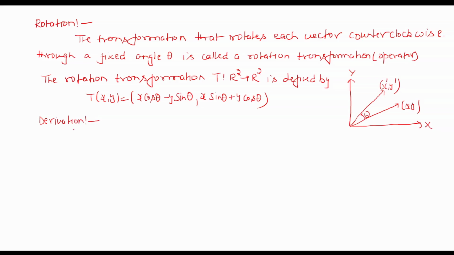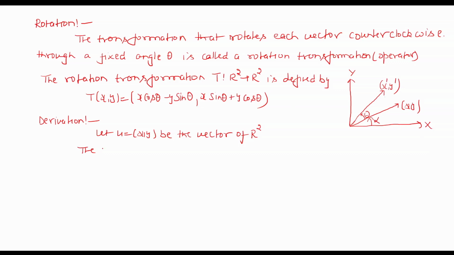Derivation. Let this vector be u, a vector of R square, and let this vector make an angle alpha with the x-axis in the anti-clockwise direction.